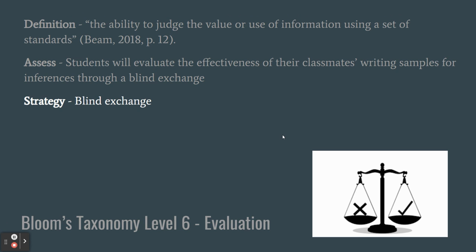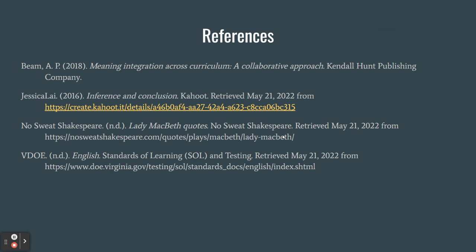Okay, so that allows the students not only to break apart, again, this is the higher level critical thinking, in level 4 the pieces of making an inference. In level 5, they bring them back together and create their own writing sample that requires making an inference. And then they're going to evaluate each other's effectiveness in creating those writing samples.